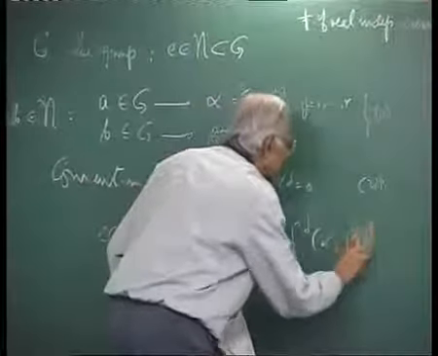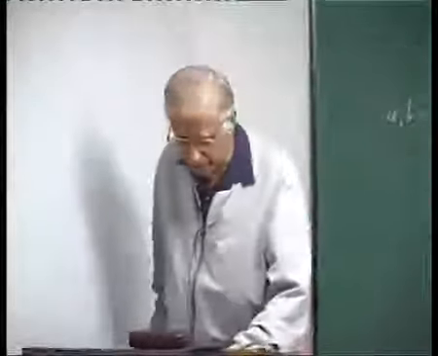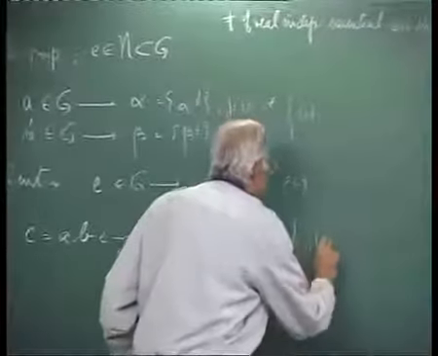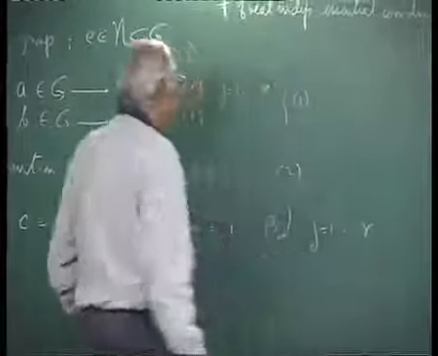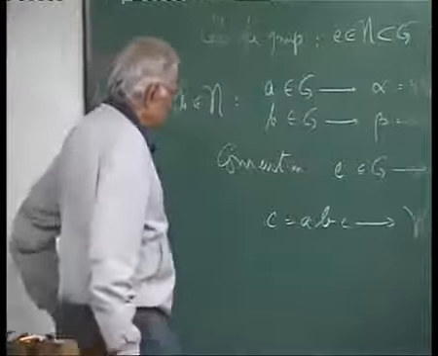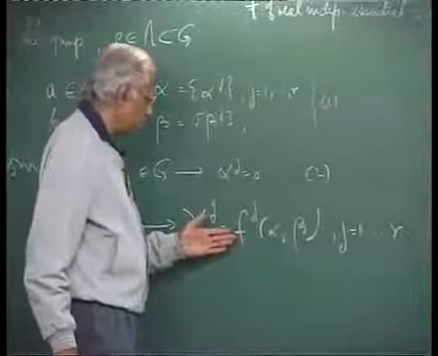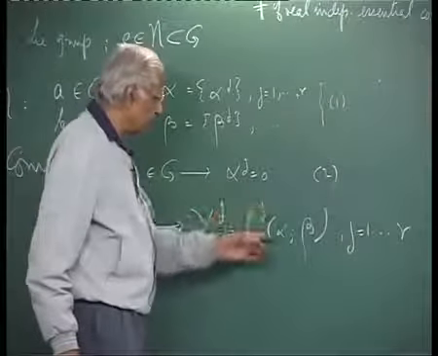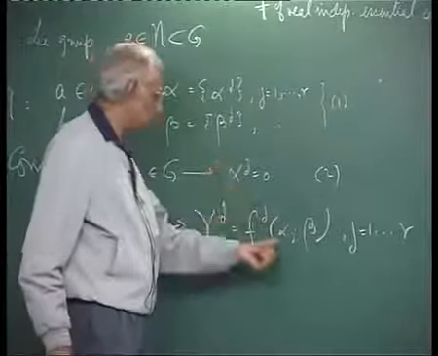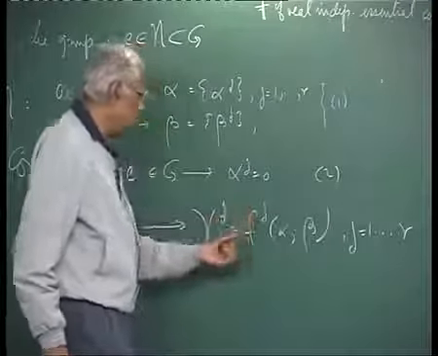there is a system of real functions f indexed by j as a superscript. Each of these functions is a real function, and each of these f's has two r independent real arguments, r alphas, r betas. And what do they do?